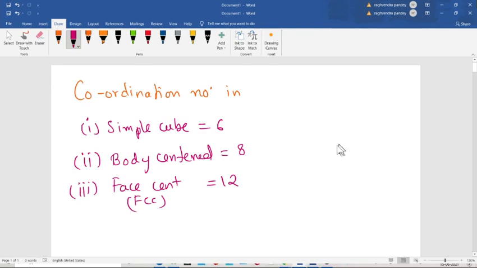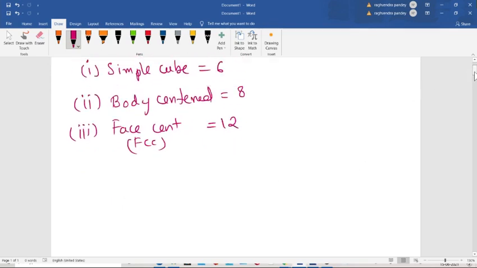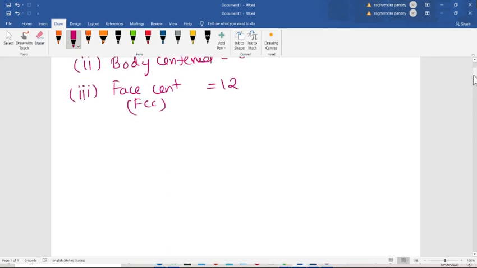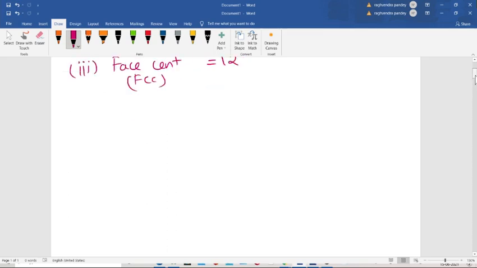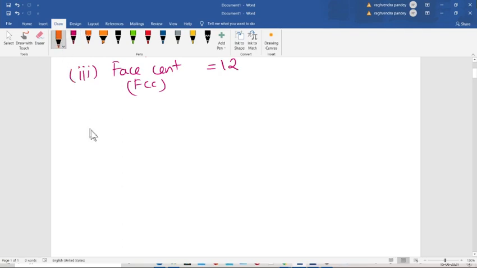Now after the coordination number, the next concept is the void space. Now what is void space?